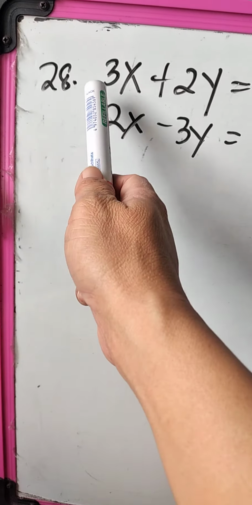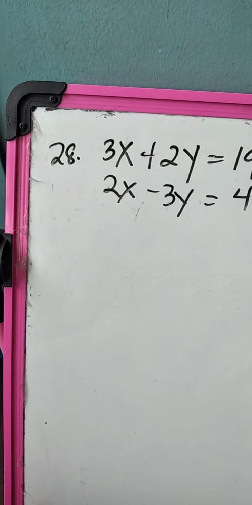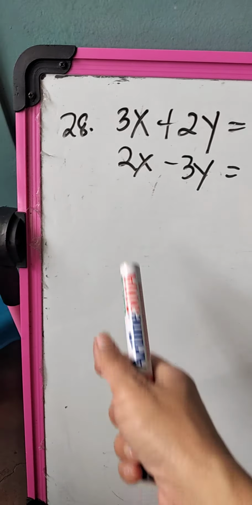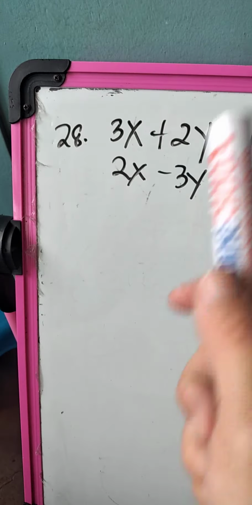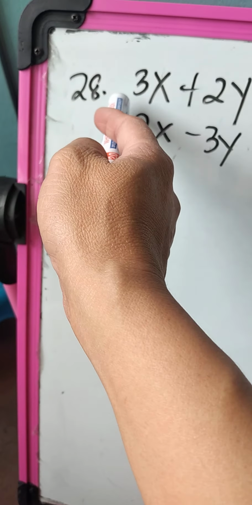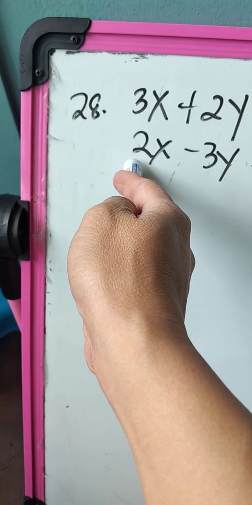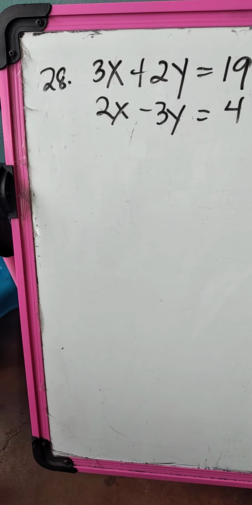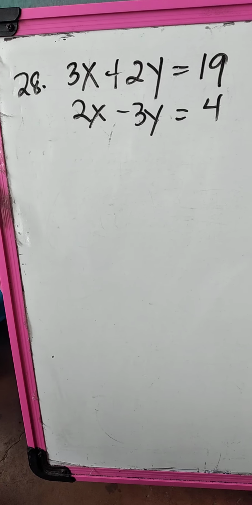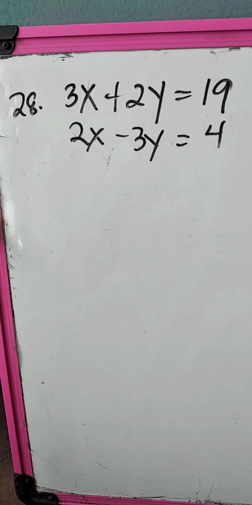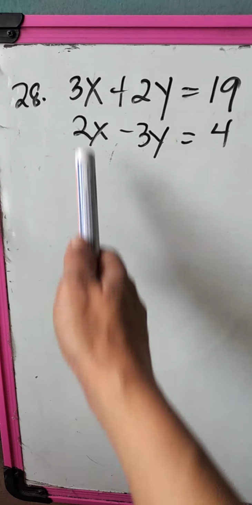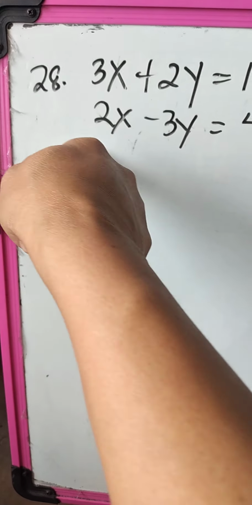So what am I referring to? I'm referring to the multiple. You choose the least common multiple of these numbers. It so happened that here it's 3 and 2, here it's 2 and negative 3, so you end up with the same LCM. If you choose x, then your LCM is 6.